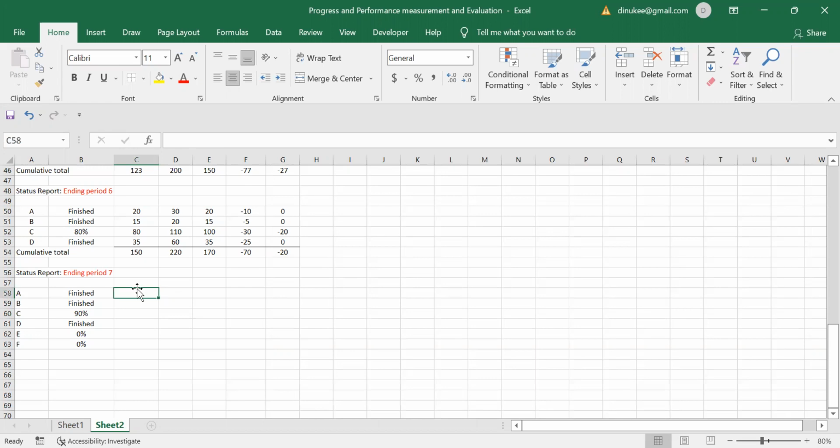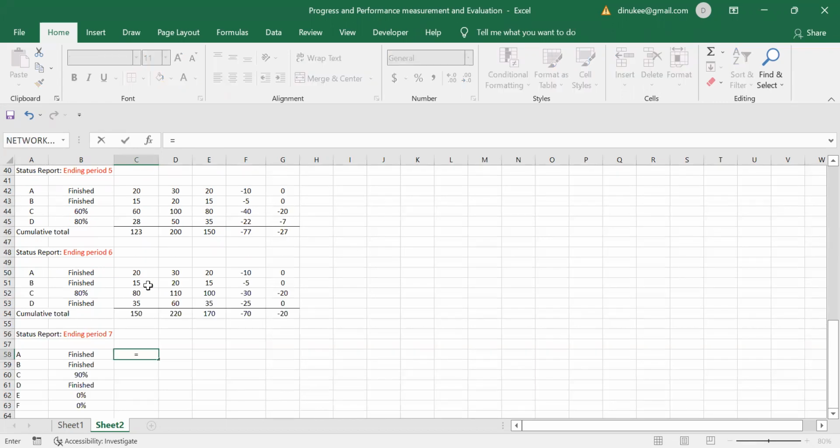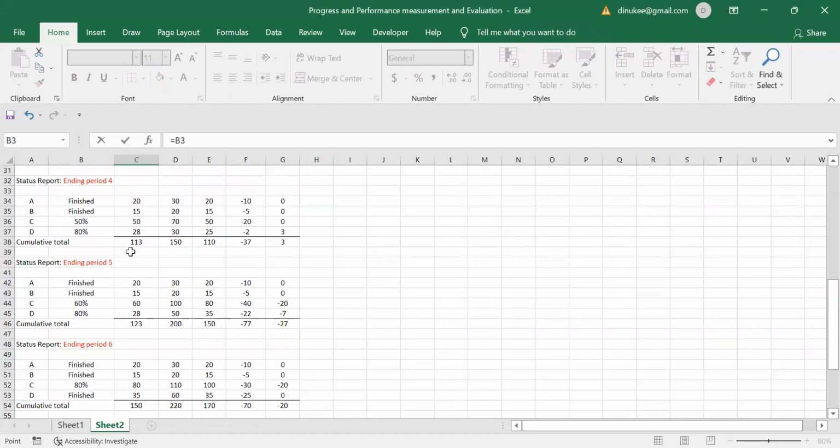So can you all calculate this for the ending period 7 as well? So get in the values.